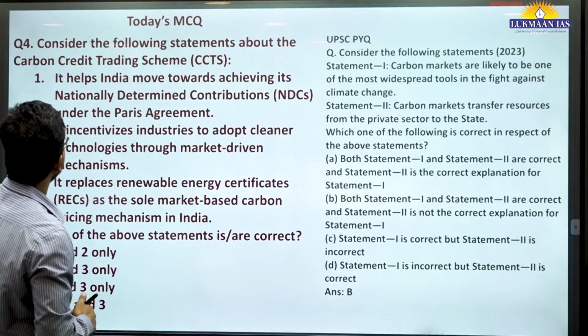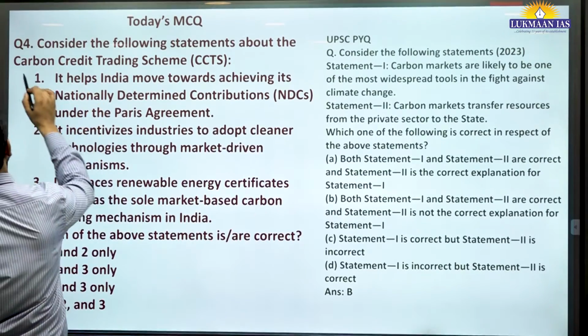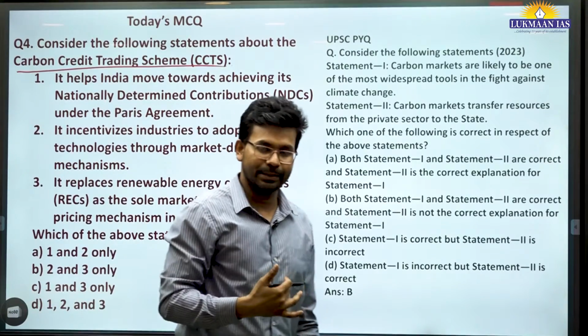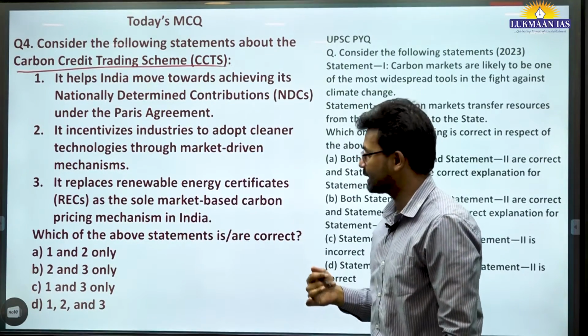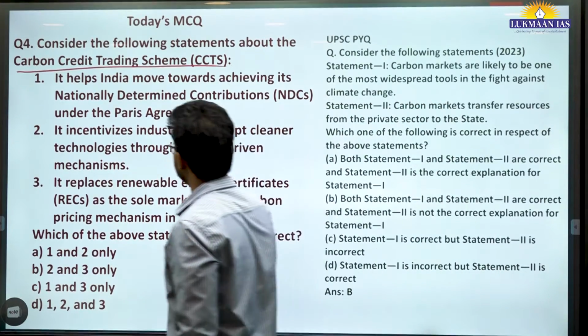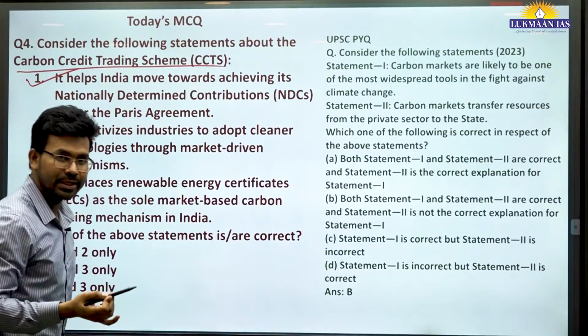Now another question. It says, consider the following statements about the carbon credit trading scheme. They have given three statements. It says it helps India move towards achieving its nationally determined contributions under the Paris Agreement. This statement is right.